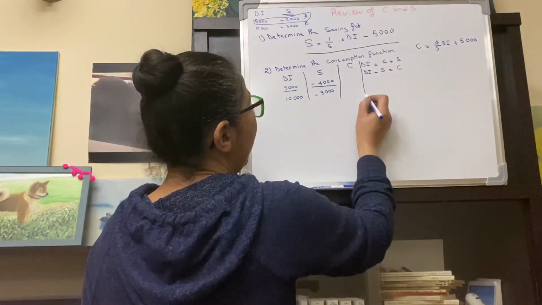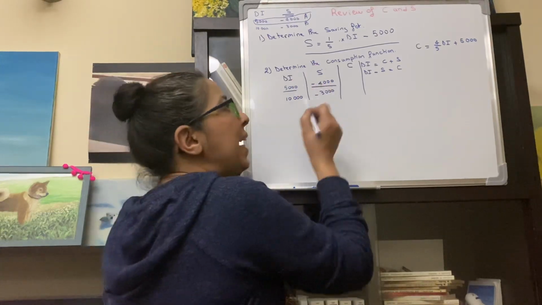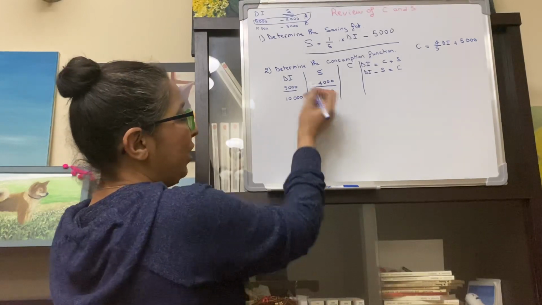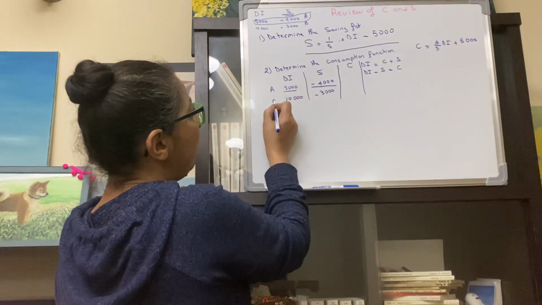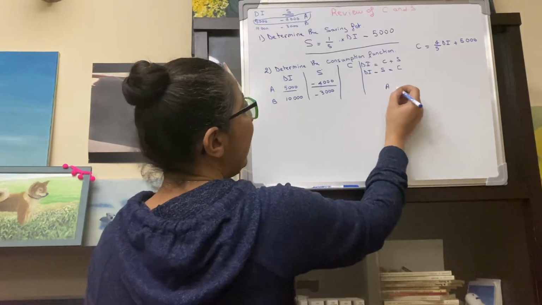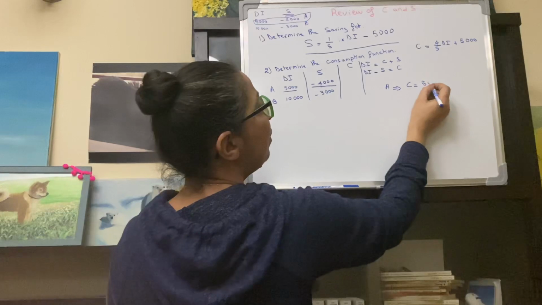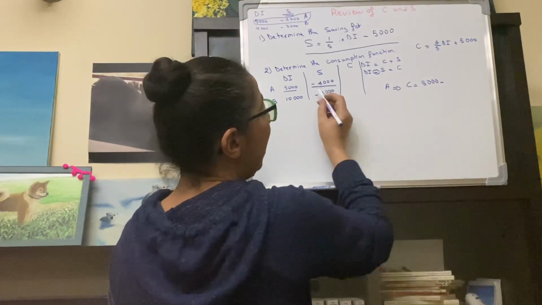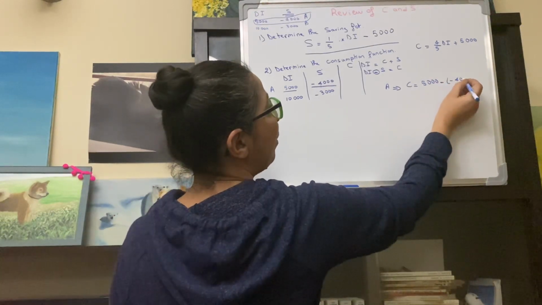So 5,000 minus minus 4,000. Be careful with this. For this point, we call this one A and this one B. So for point A, C is equal to 5,000 minus, and then minus 4,000.